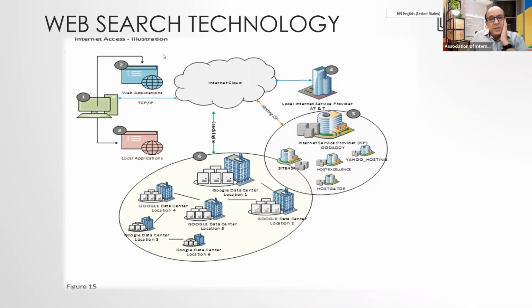So the connectivity is the next thing. Now that we know web applications and non-web or local applications, there is the connectivity, which is what's going to link you to the internet. The connection is provided by the kind of environments which we call the bandwidth providers.